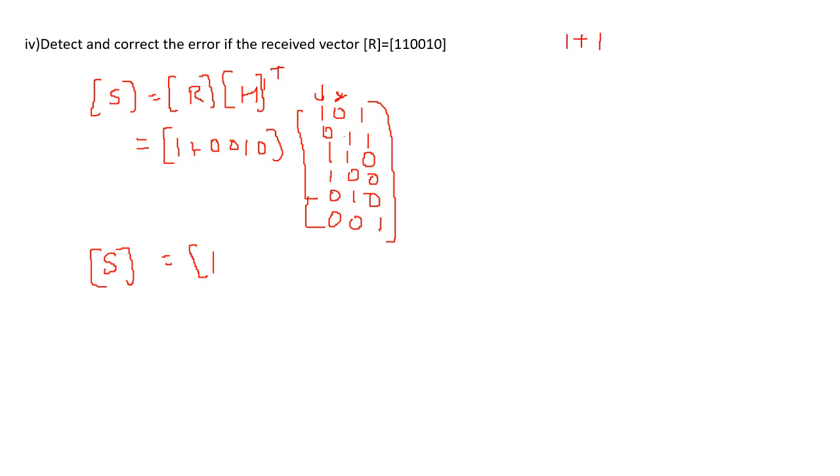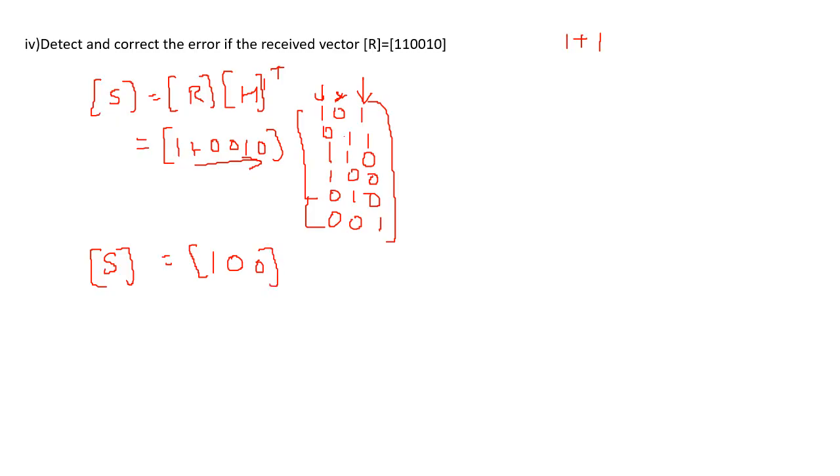Finally what we get is 1 plus 1, or 1 XOR 1, which is equal to 0. This second bit will be equal to 0. Similarly, multiply the R matrix with the last column of your H transpose matrix. You will get it as 0.